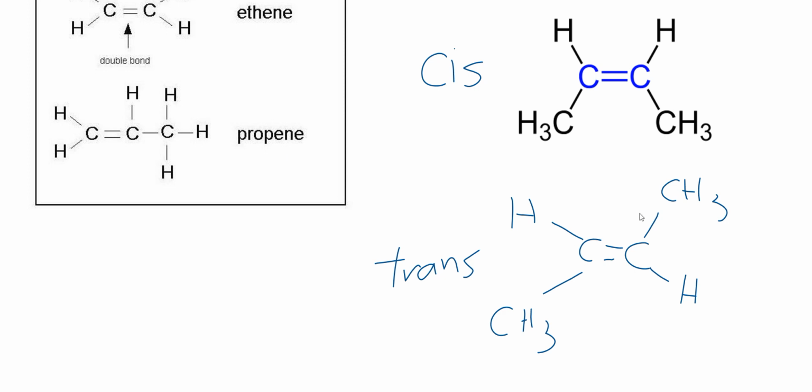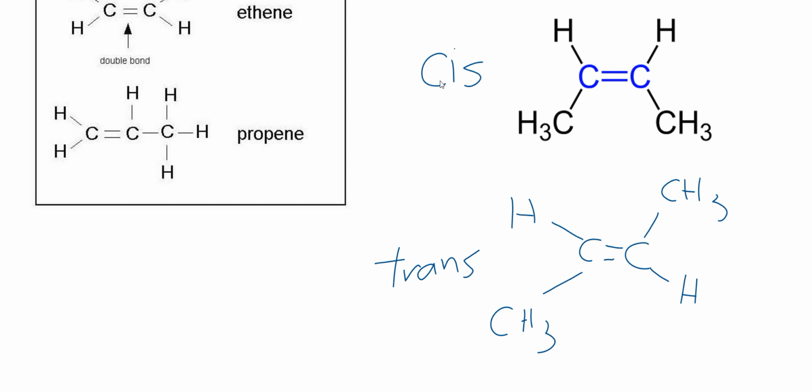But you have to be careful because this, even though it is butene because it has 4 atoms of carbon, has the methyl groups on the same side of the chain, while this one that is also butene has the methyl groups in opposite positions.